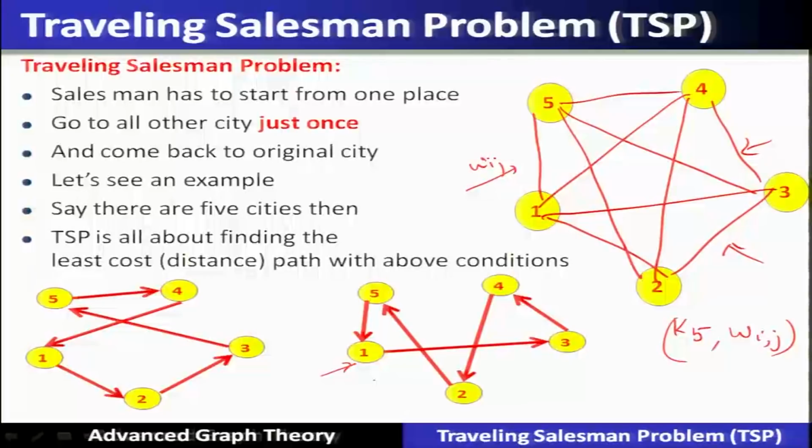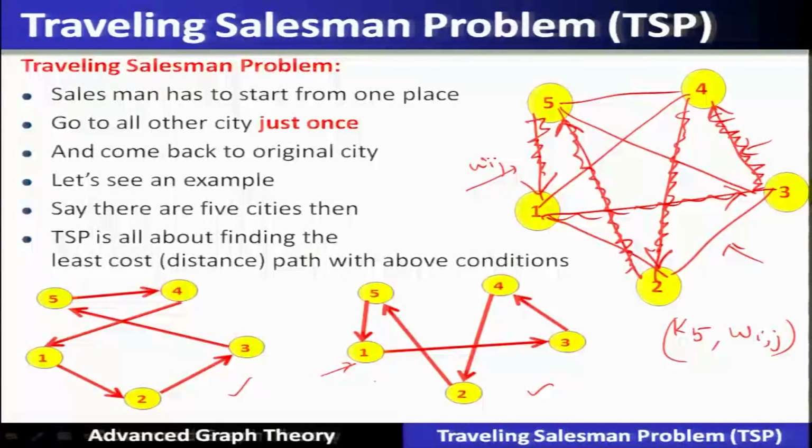For example, start from 1, go to 3 by this edge, then go to 4 by this edge, then from 4 it will go to 2 by this edge, and from 2 to 5 by this edge, and from 5 back to 1 from where it started. This is one such possibility.